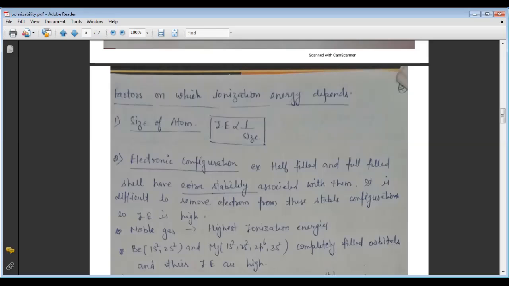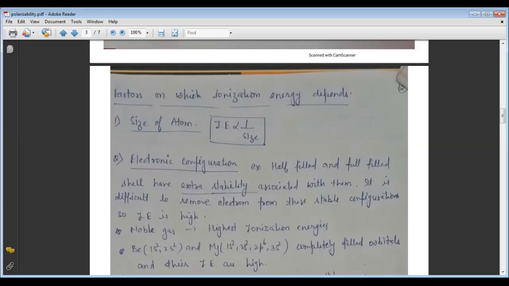Ionization energy depends upon the distance between the electron and the nucleus, that is, the size of the atom. As the size of the atom increases, the outermost electrons are less strongly attracted by the nucleus. Clear?